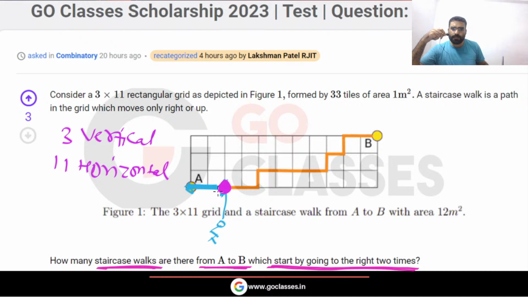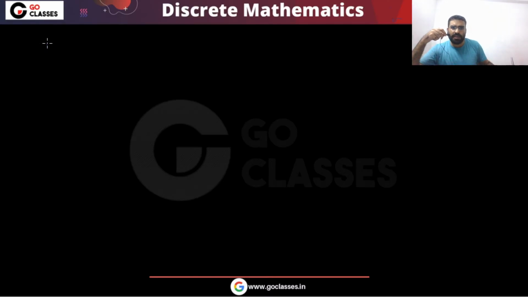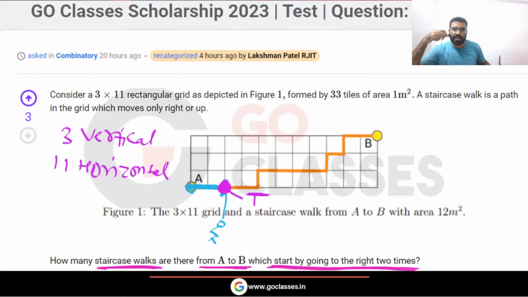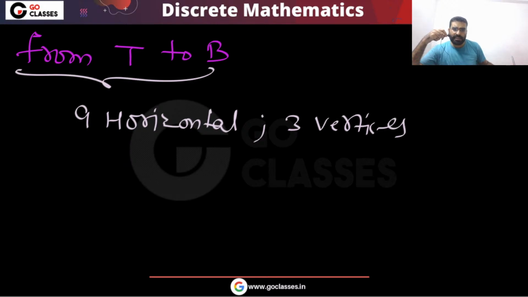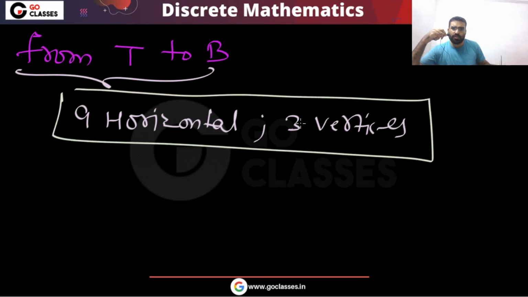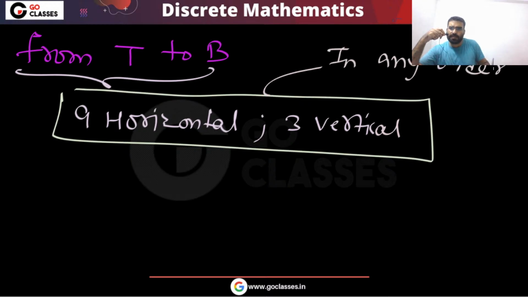Let me call this point T. From T to B, you can clearly see there will be 9 horizontal steps and 3 vertical steps. You can take these steps in any order.